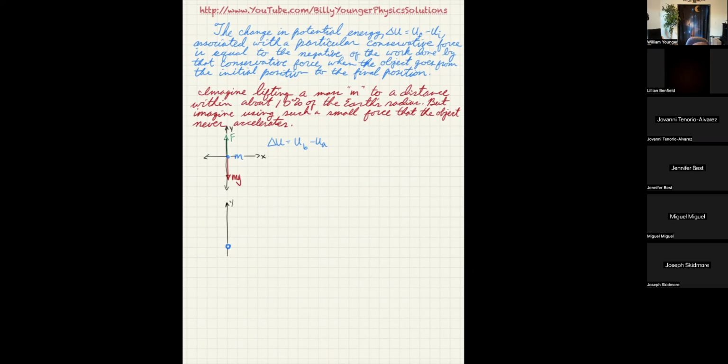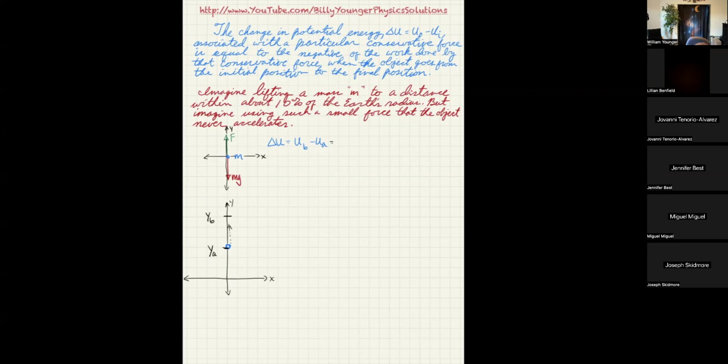So there's the Y, and there's the X, and there's the negative Y and the negative X axes. And I'm going to say it's starting at a height of Y sub A, and then I'm going to lift it to a height of Y sub B. Okay.